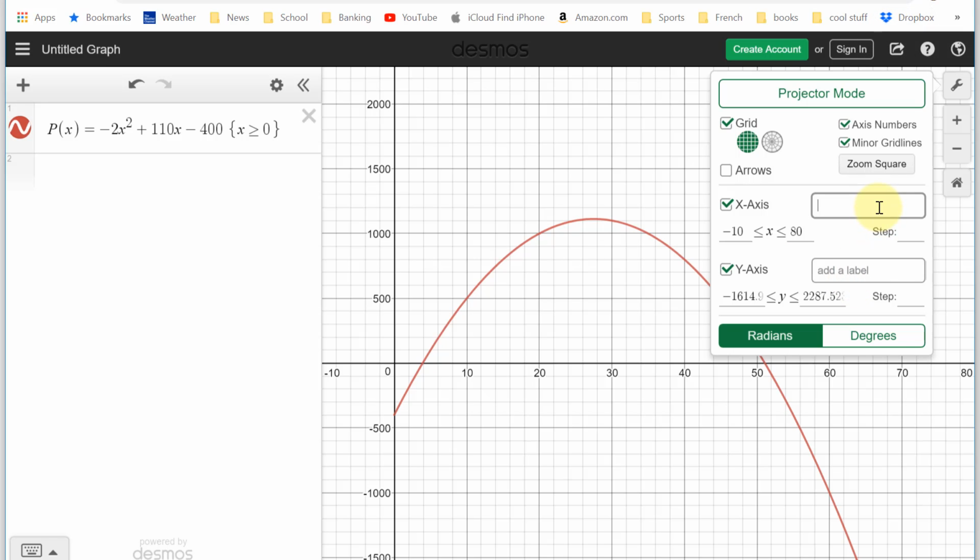And then that horizontal scale was number of pretzels in thousands. Just by adjusting the horizontal scale, it's already adjusted the vertical scale for me.